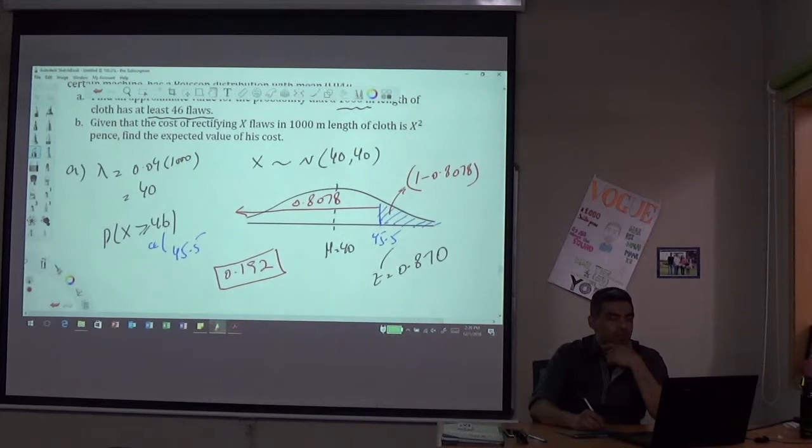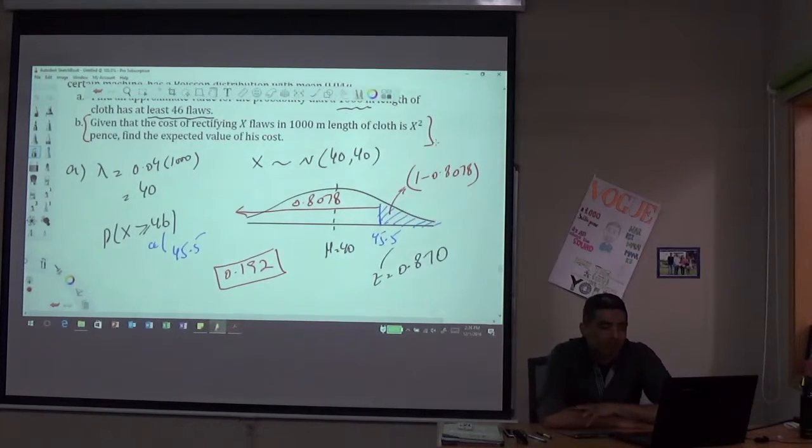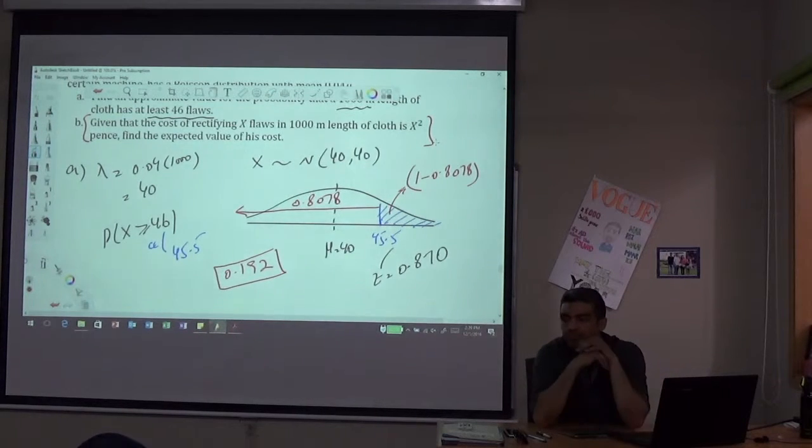Okay, let's see who can come with part B. Do you see that the cost is the square of the number of flaws?